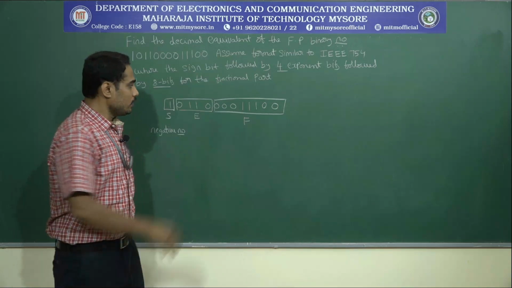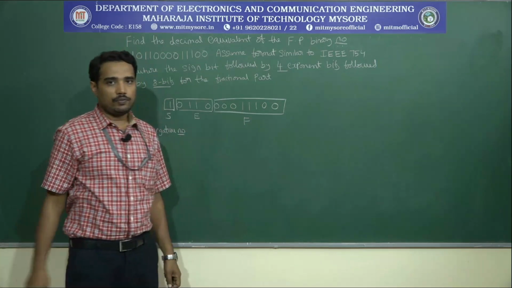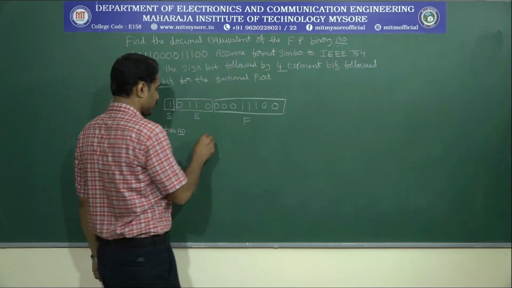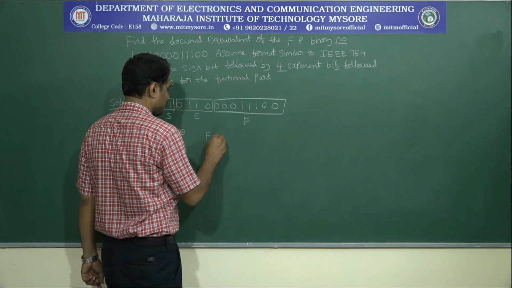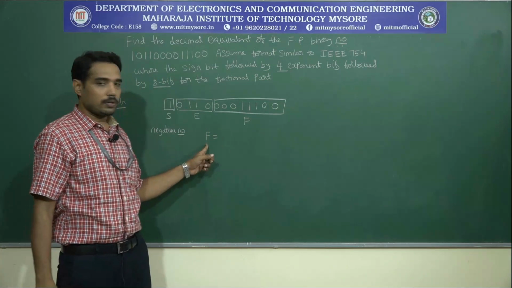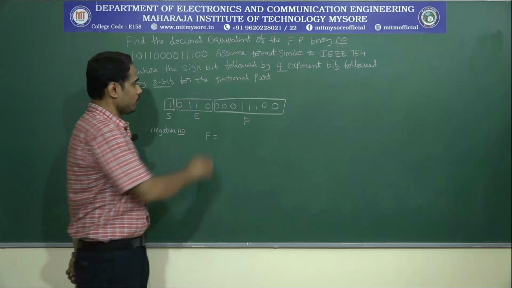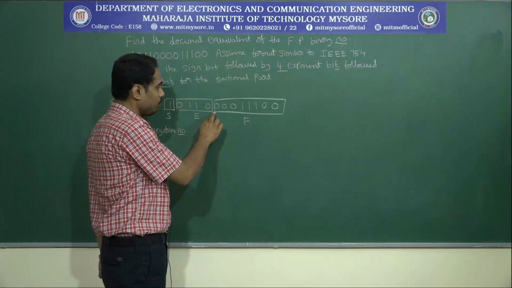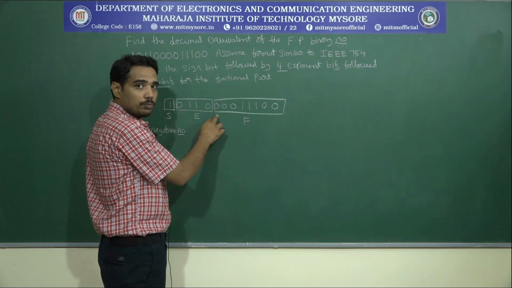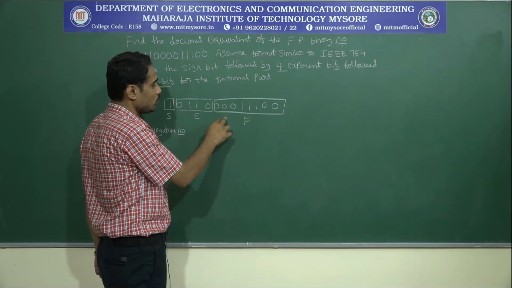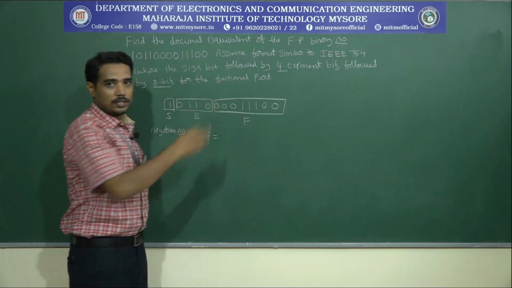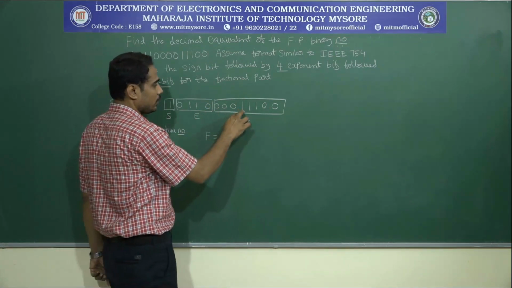Okay. With this, let us find out the value of F first. The fractional part F is computed with respect to the implied binary point. Here 0 into 2 to the power minus 1, 0 into 2 to the power minus 2, 0 into 2 to the power minus 3, but 0 into anything is 0. So I can directly start from here.